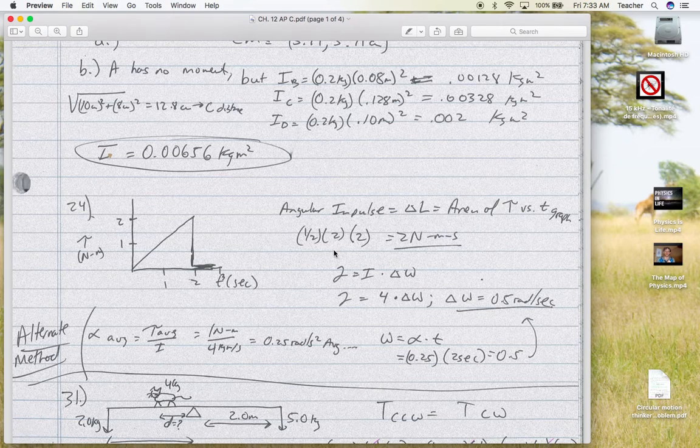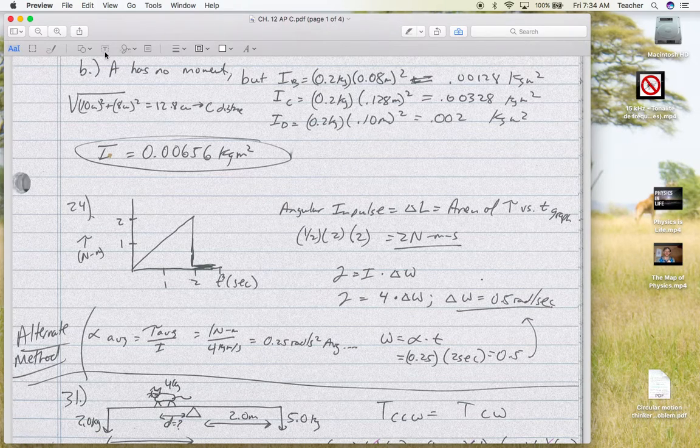If I want to figure out the change in angular velocity, then I could say the linear formula would be p equals m times v. This one would be L equals I times omega.